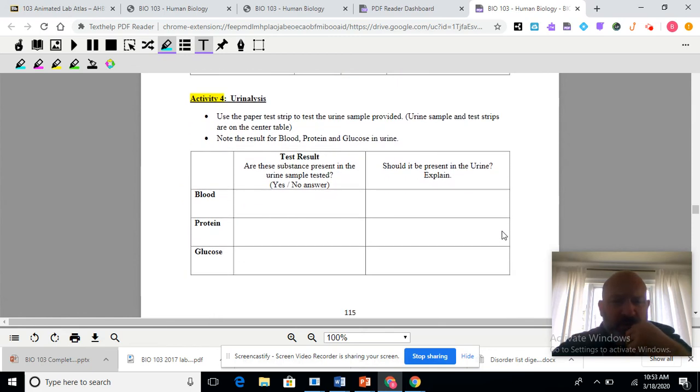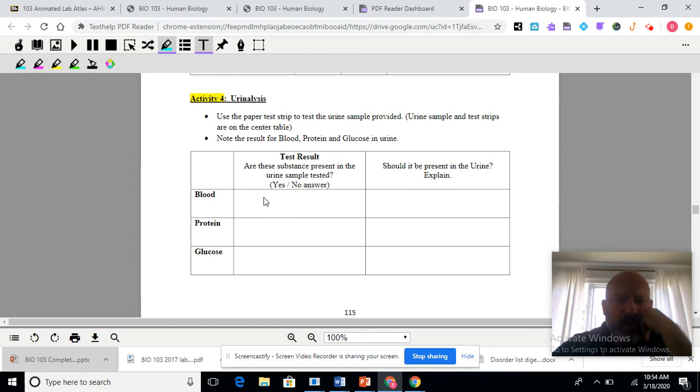If we were able to do a paper test strip type urinalysis, there are some things that are normally found in the urine, and other things that should not be found in the urine. A couple things that we should not see are blood, proteins, and glucose.